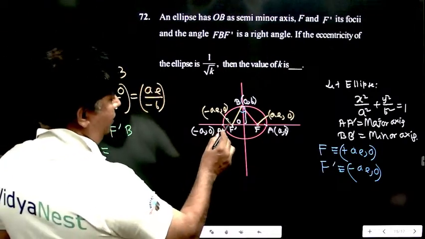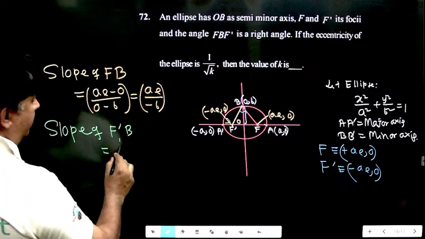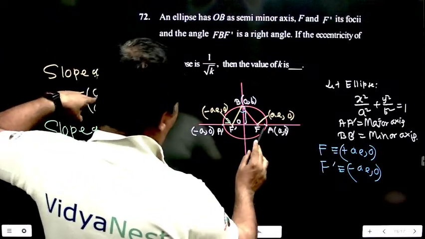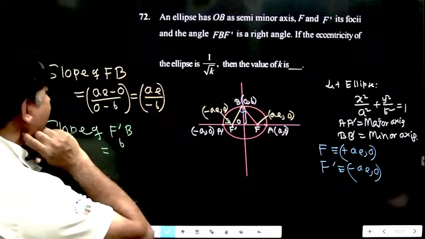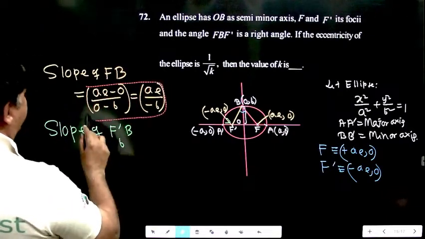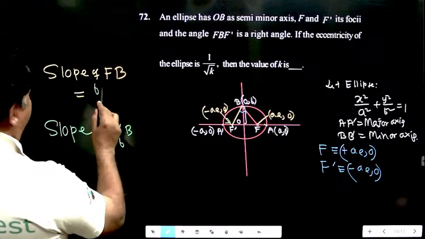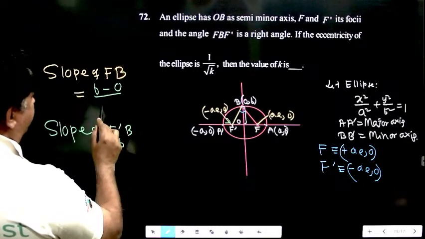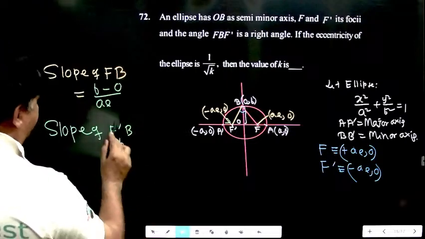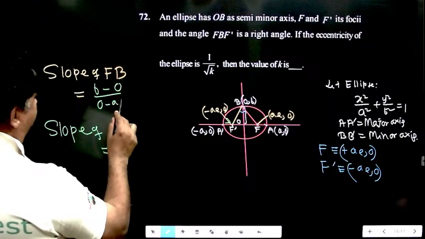This point is minus a comma 0. So there is one problem, I have written in reverse order. y2 minus y1 means b minus 0 by 0 minus a.